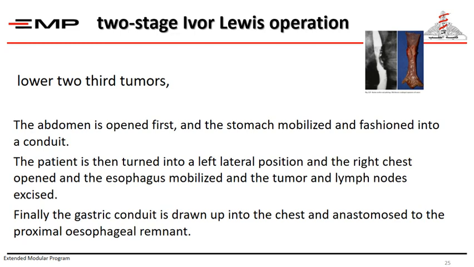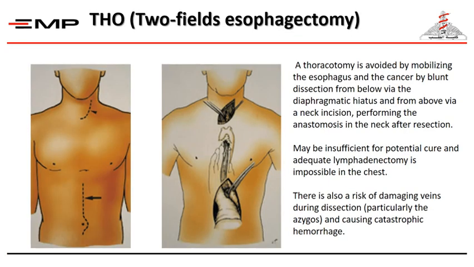The most important operation performed nowadays is the Ivor-Lewis, which means laparotomy and right thoracotomy for tumor of the lower 2/3.